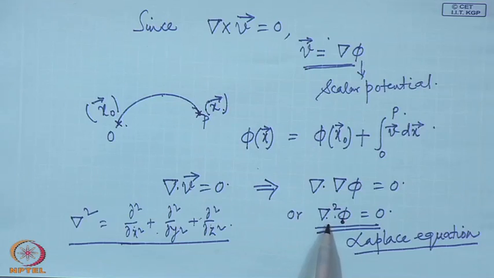And not only that, see, the equation is linear. So, if you have any solutions, they can be summed together to make another solution. So, phi equal to 1 by r is a solution of this equation, phi equal to 1 by r square is also a solution of this equation, hence 1 by r plus 1 by r square is also a solution of this equation.